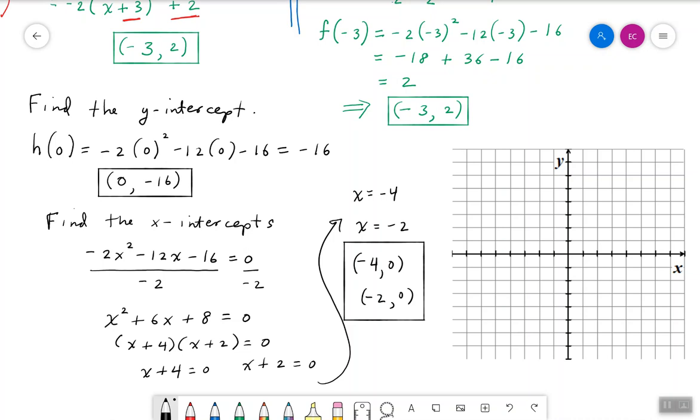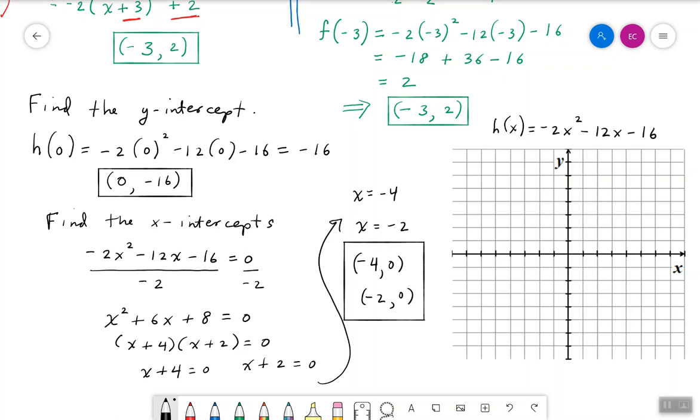Okay, so we're ready for the graph. Let's not forget what we're graphing. The problem was h of x is equal to negative 2x squared minus 12x minus 16. So let's write that right up above the graph. And then let's figure out how we're going to plot all these points on the graph. The y-intercept stands out because it's all the way down at negative 16.